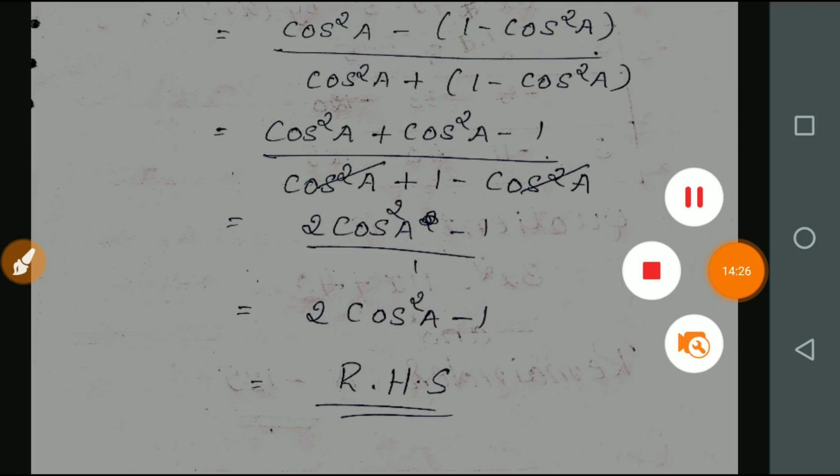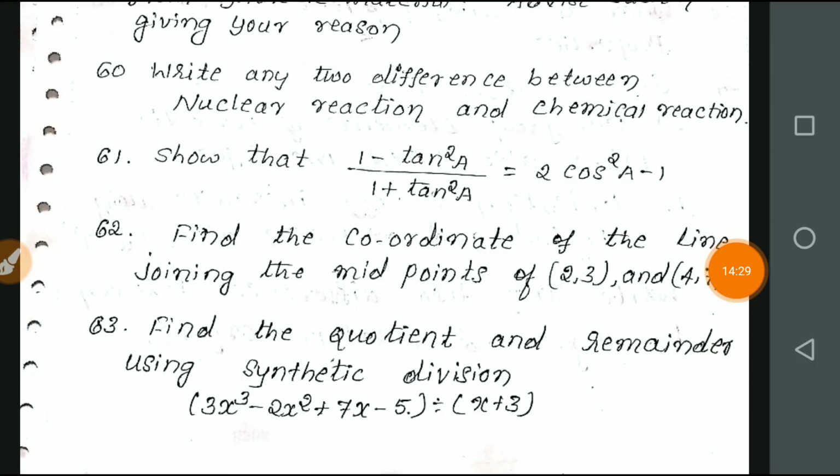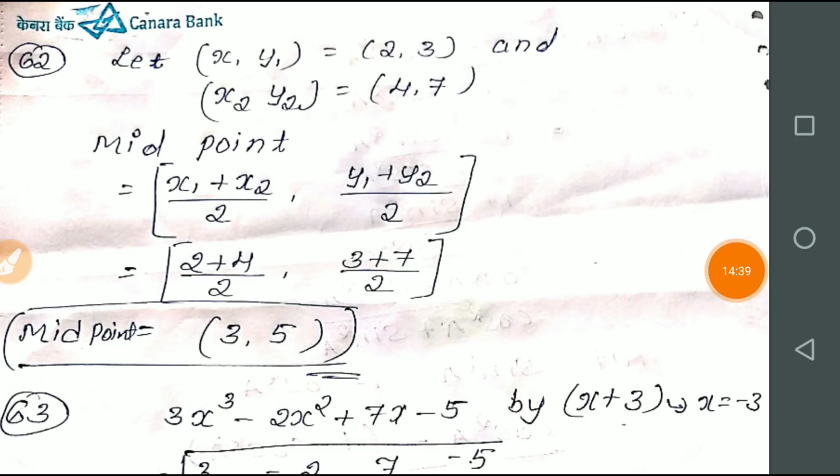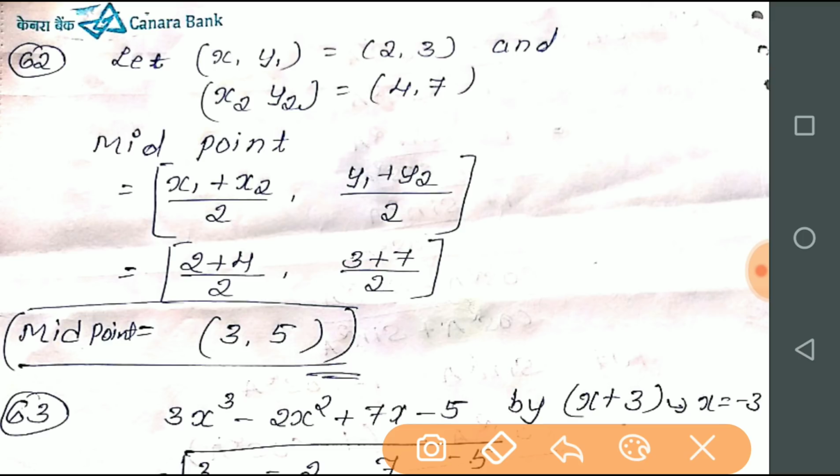Next question. Find the midpoint of the line joining the points (2, 3) and (4, 7). Let x1, y1 be 2, 3 and x2, y2 be 4, 7.